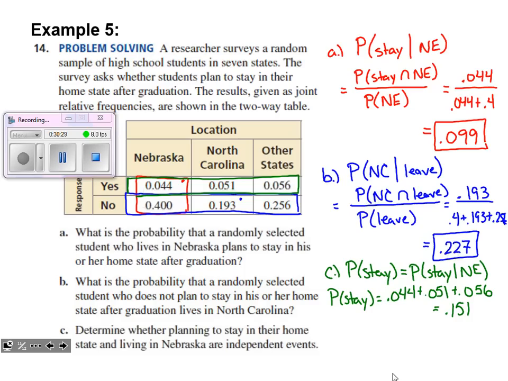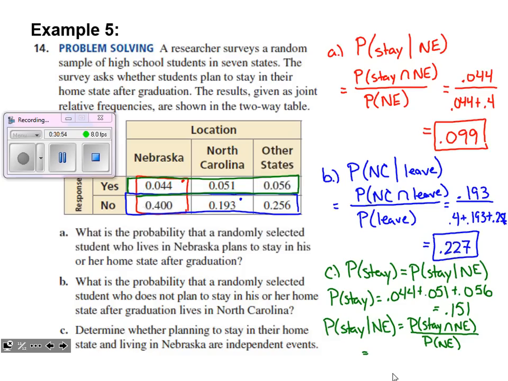And then the other part, the probability of staying given that you're in Nebraska, that's the probability of staying and being in Nebraska over the probability of just being in Nebraska.